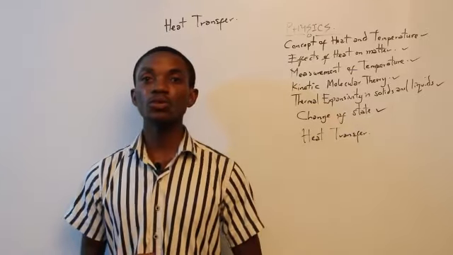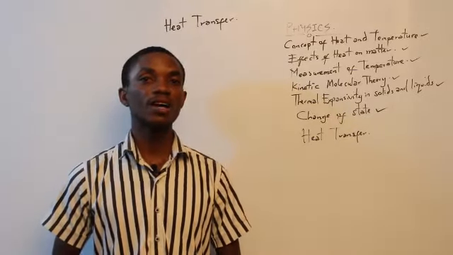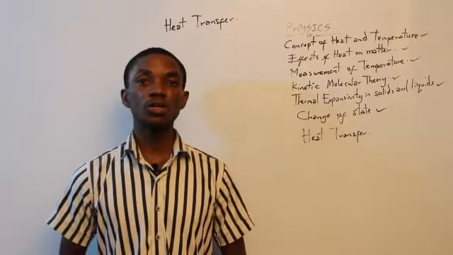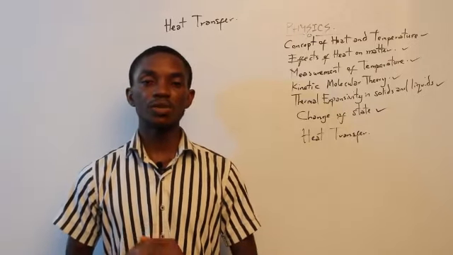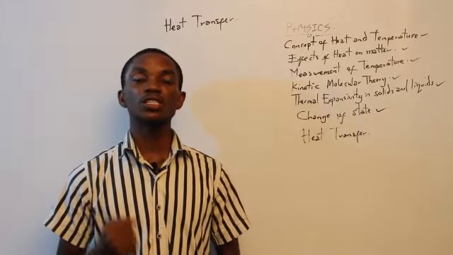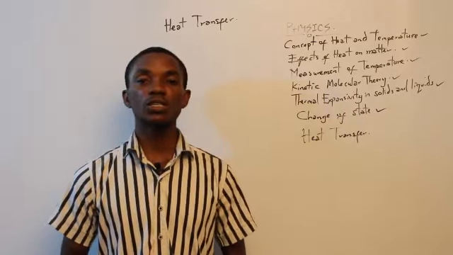And we concluded by talking about heat transfer. We mentioned that there are 3 methods of heat transfer. These are conduction, convection, and radiation. Conduction is done via physical contact of a solid material with the source of heat.